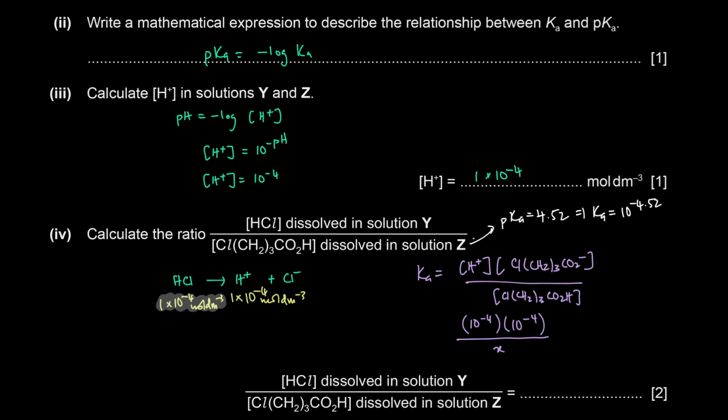So here we can say that this expression is equal to the Ka, which is 10 to the power of negative 4.52. And therefore, X is equal to 10 to the power of negative 8 divided by 10 to the power of negative 4.52. This comes out to what?